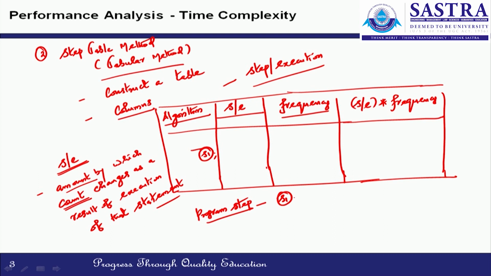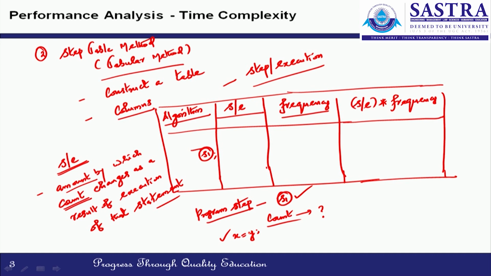When the statement S1 is executed, in the step count method, we have focused on incrementing the variable count. How much quantity count will get affected, that should be specified in the column step per execution. In case suppose x is equal to y, this is a simple assignment statement.